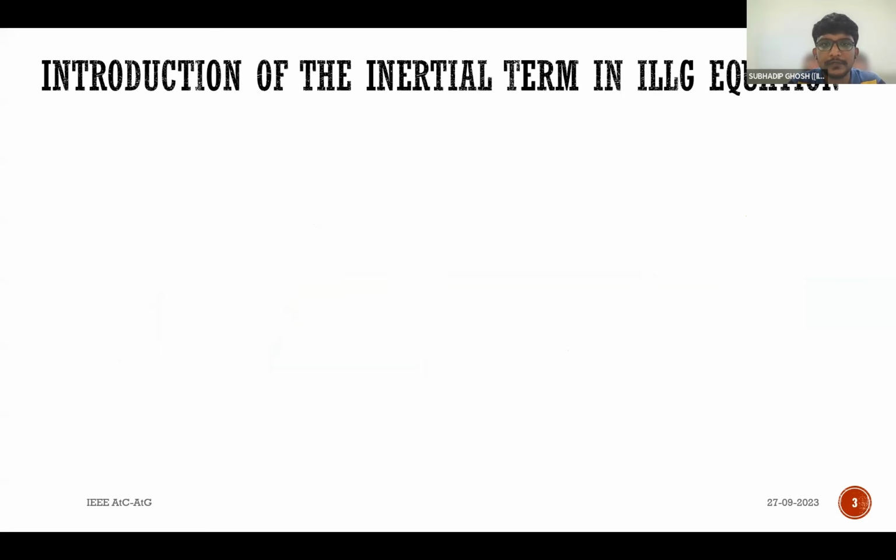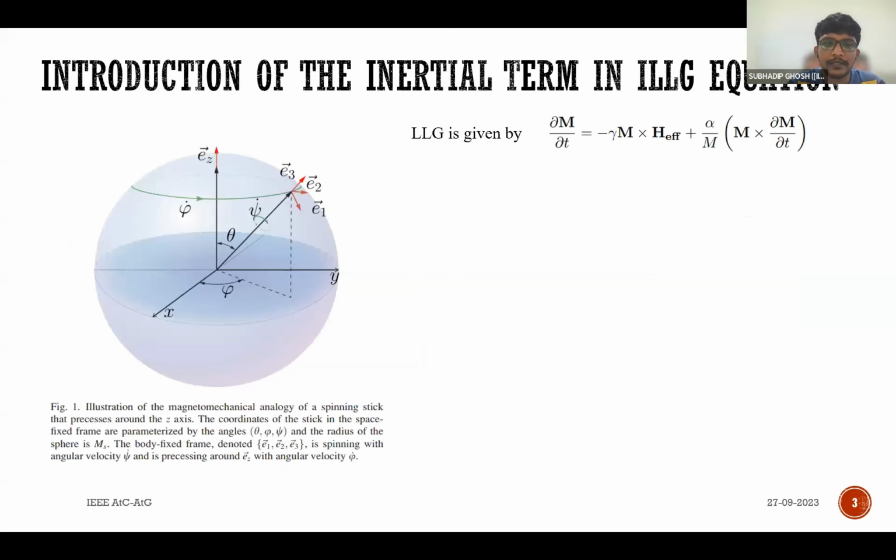There is a similarity between classical torque motion and spin motion. In classical torque motion, our energy equation is this, where the second term is the damping term, and we consider the classical spin as a classical object.